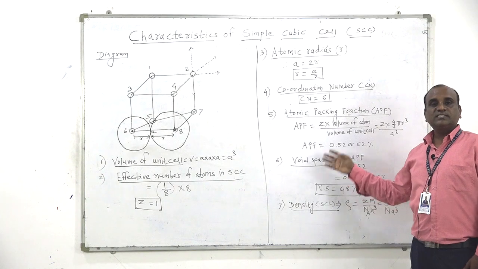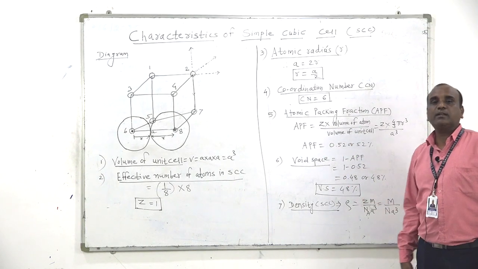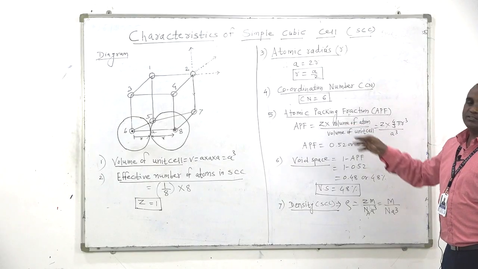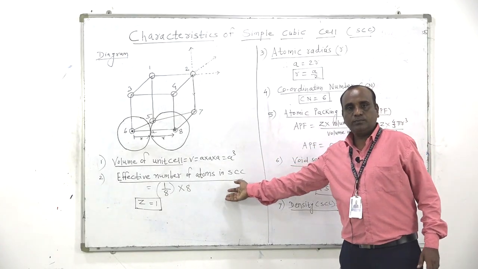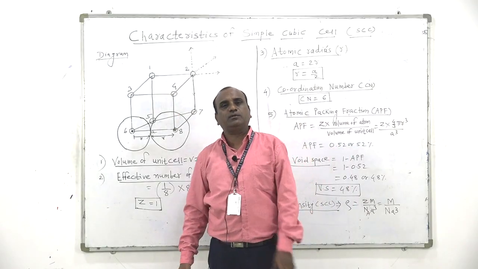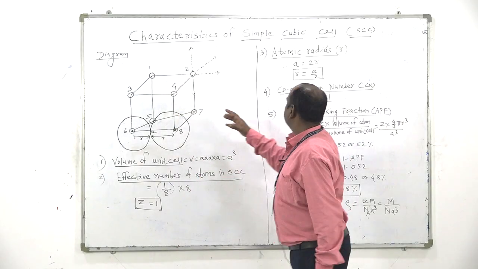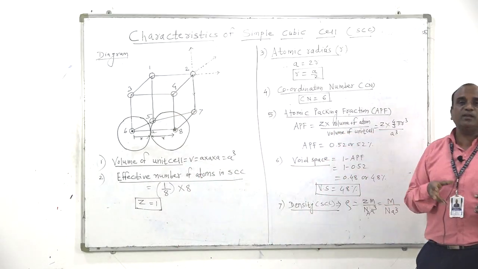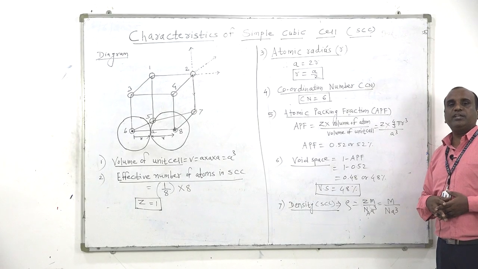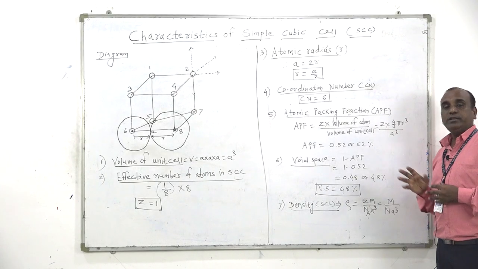So the formula is Z into volume of atom upon volume of unit cell. Z is nothing but the effective number of atoms. Here the atom looks like a sphere, so the volume of atom is the volume of a sphere, which is 4 by 3 pi r cube, upon a cube.